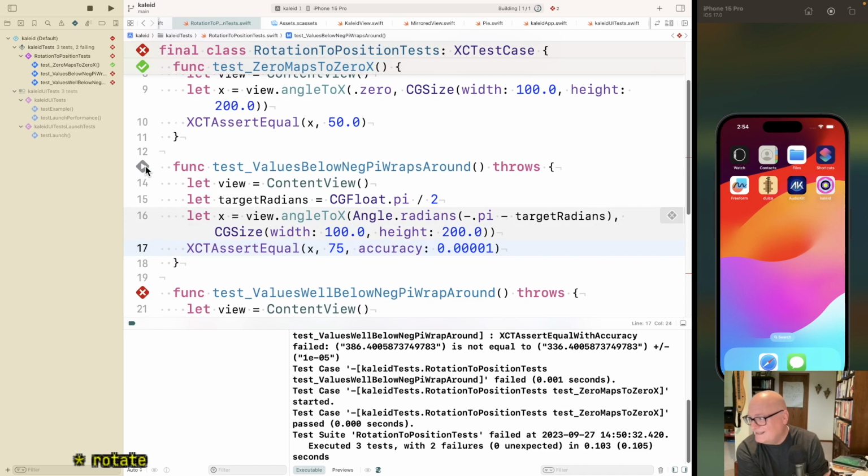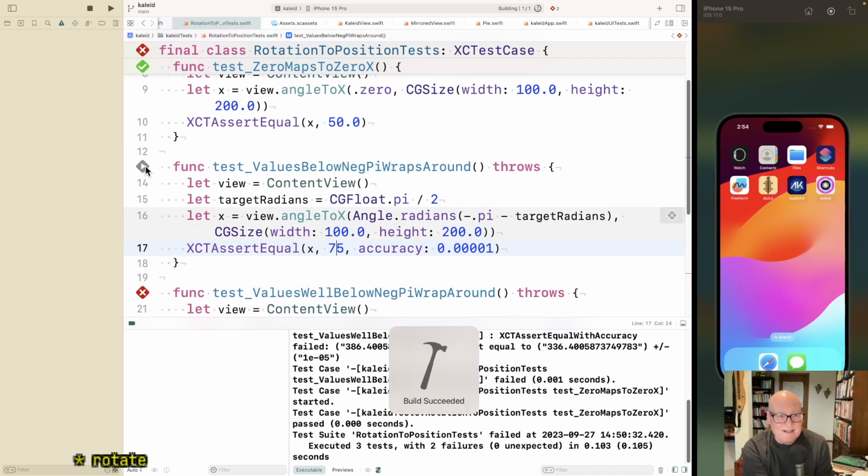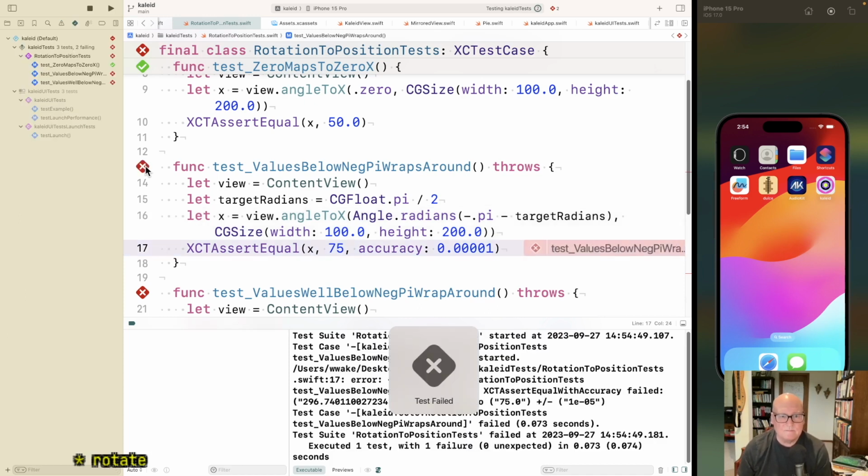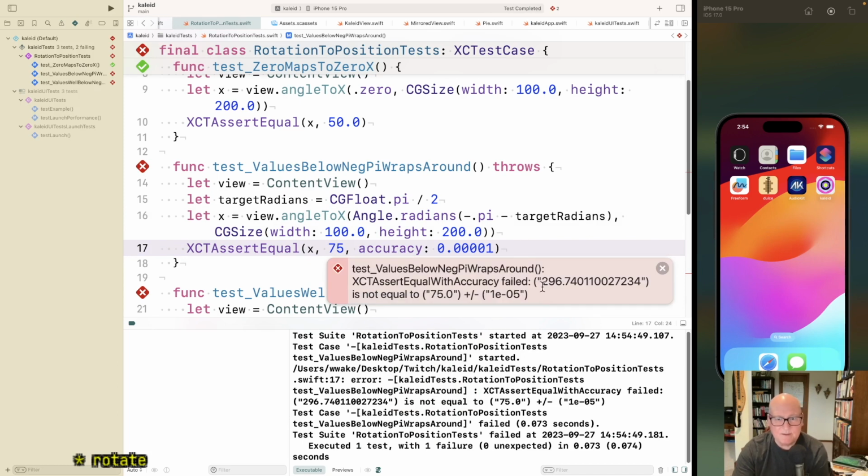Oh, yeah, it would help. Let's see if I'm right first. All right. Is it 25 or something completely random? 296.